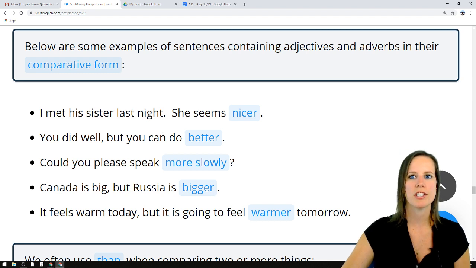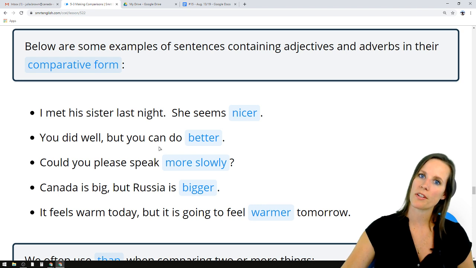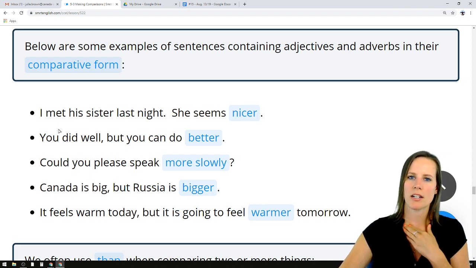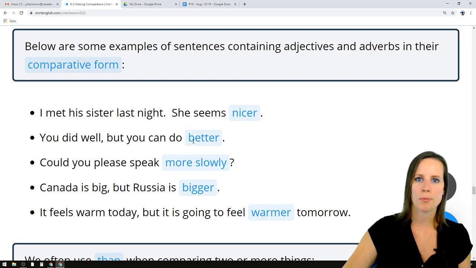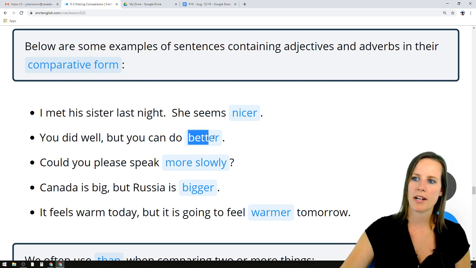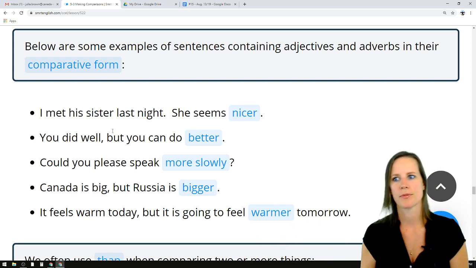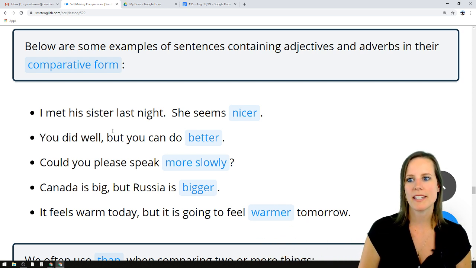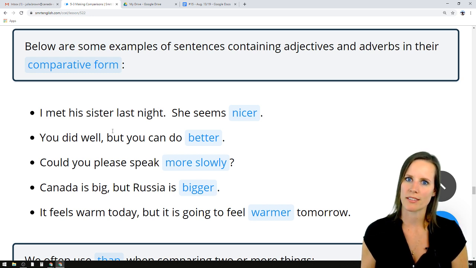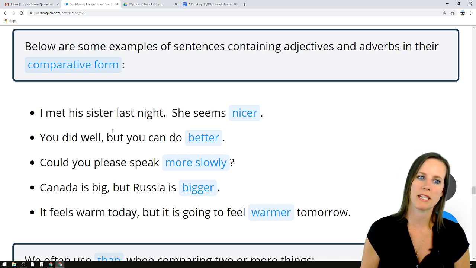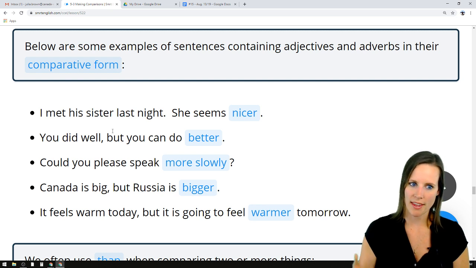Okay, we often use than if we're going to use two or more things. Okay, but we'll talk about that just in a moment. You did well, but you can do better. Okay, so we're comparing how you did with how you can do. Okay, could you please speak more slowly? So wanting someone to speak more slowly than they did before.